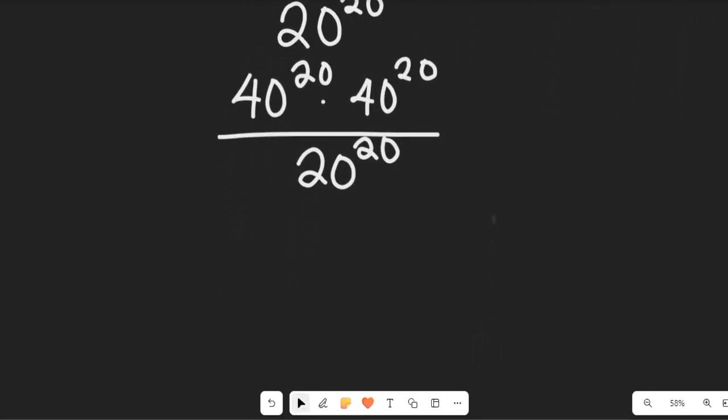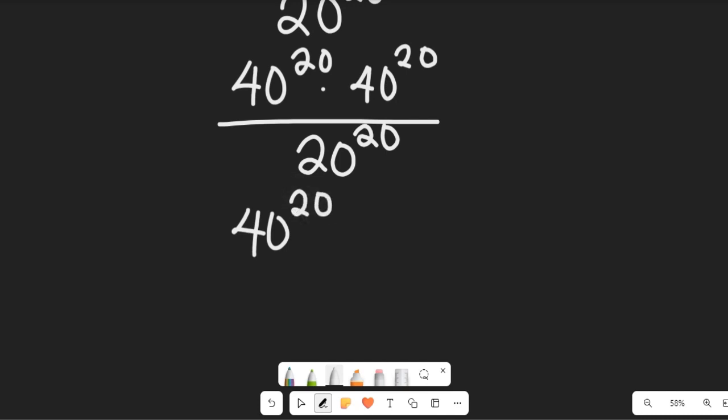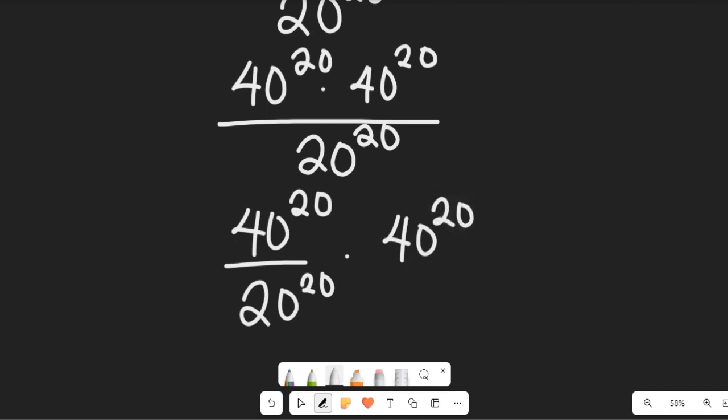Now when we simplify this, we are going to have 40 to the power of 20 divided by 20 to the power of 20, right? And this can be multiplied by 40 to the power of 20. Great.